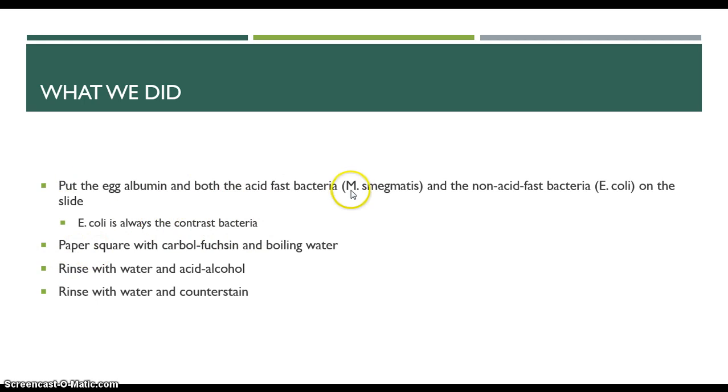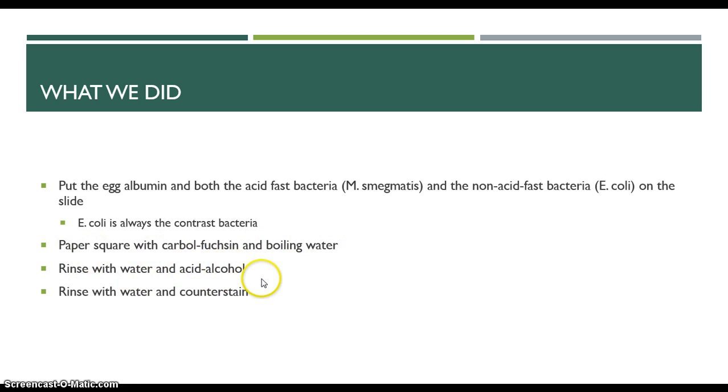And so we put both of those on a slide with egg albumin, and we put a paper square over it with carbolfuchsin and boiling water. The paper square is to keep it moist, both in the endospore stain and in this one. And the boiling water is that gentle heat that we talked about.